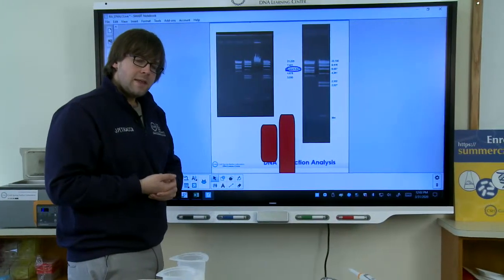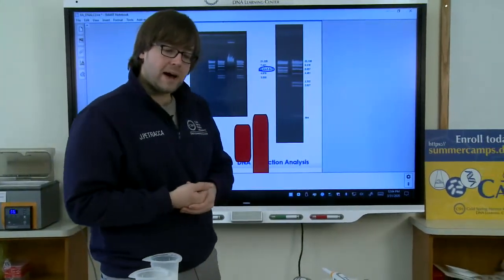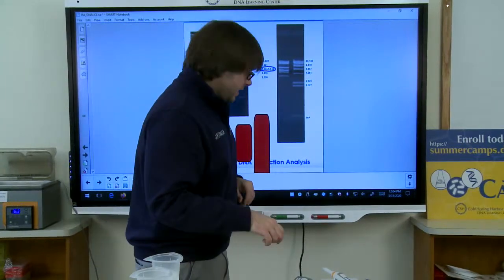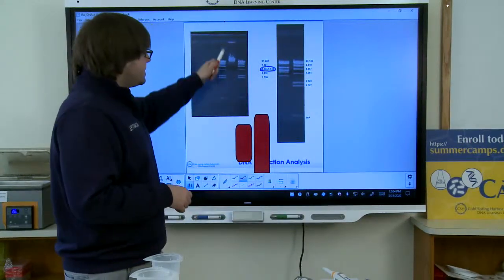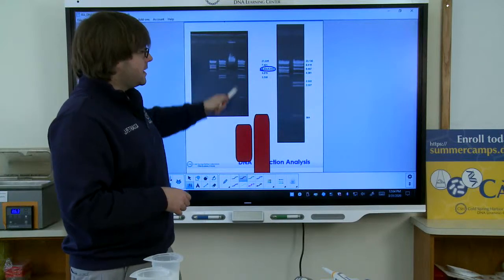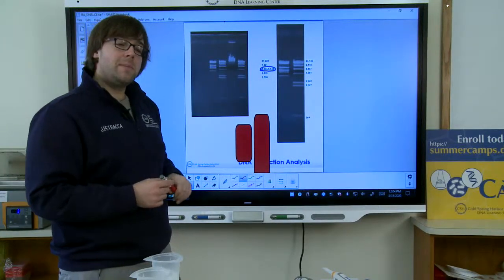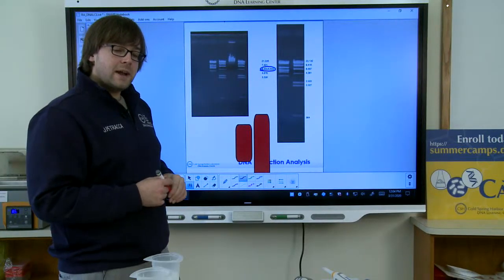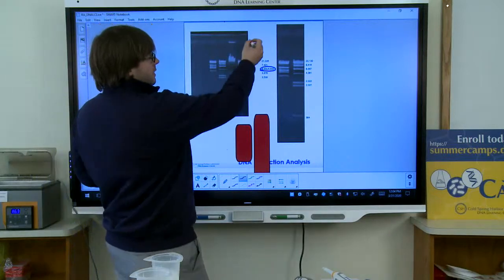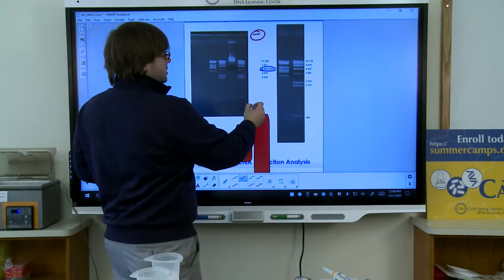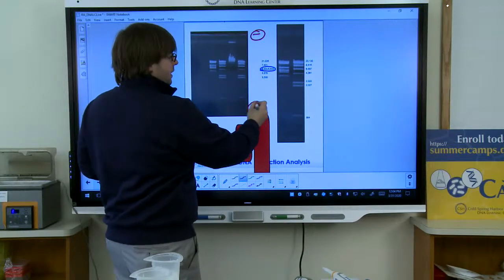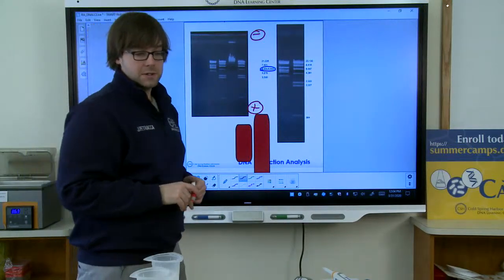Notice, guys, too, that for the gel box, at the top of the gel here, we had to make sure that there was a difference in charge from one side of the gel box to the other. So when we set up the gel box, the black electrode corresponds to the negative charge, and the red electrode corresponds to the positive charge.